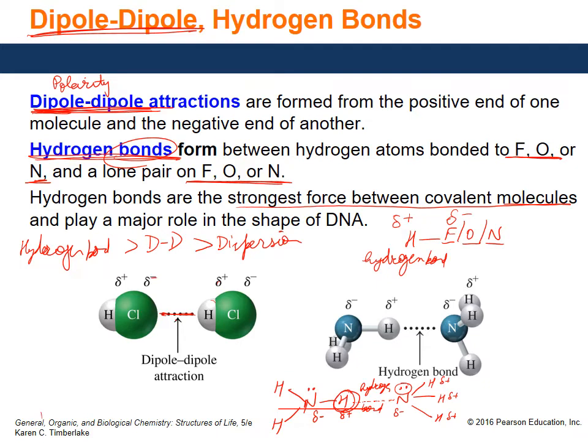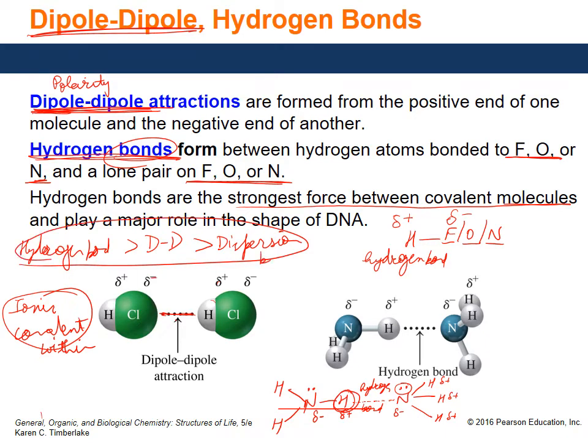And the strong forces of attraction are, of course, ionic bond and covalent bond. But these are just not forces of attraction between molecules. These are present within a molecule, and these 3 forces are present between molecules. So that is the difference between all of these forces of attraction.